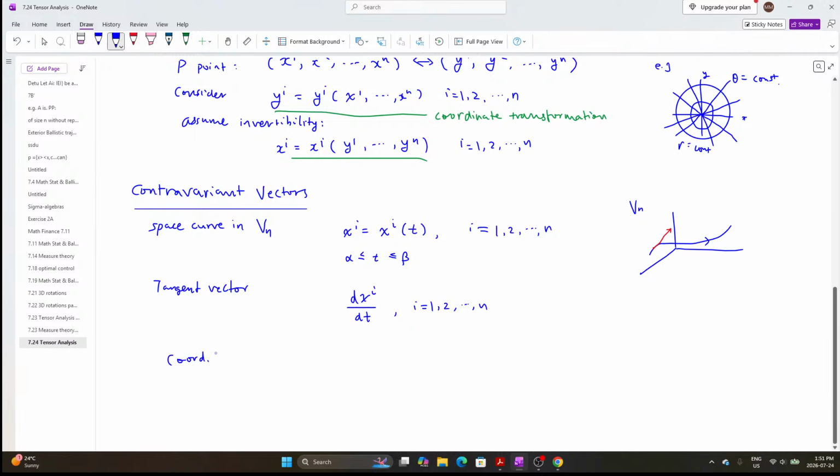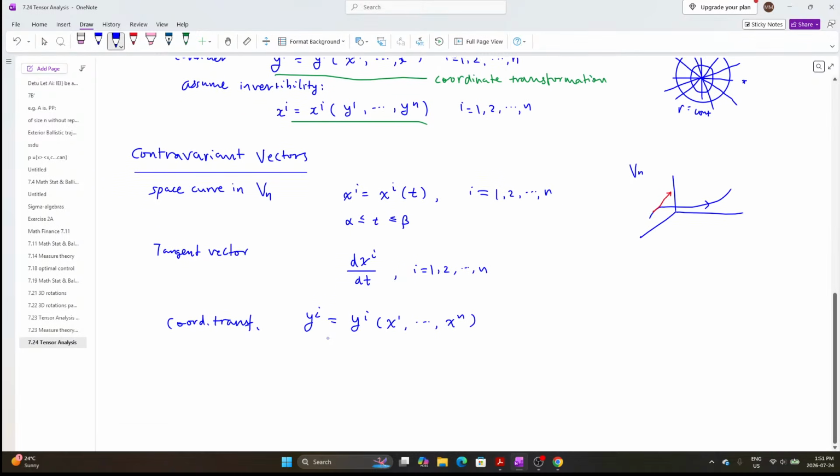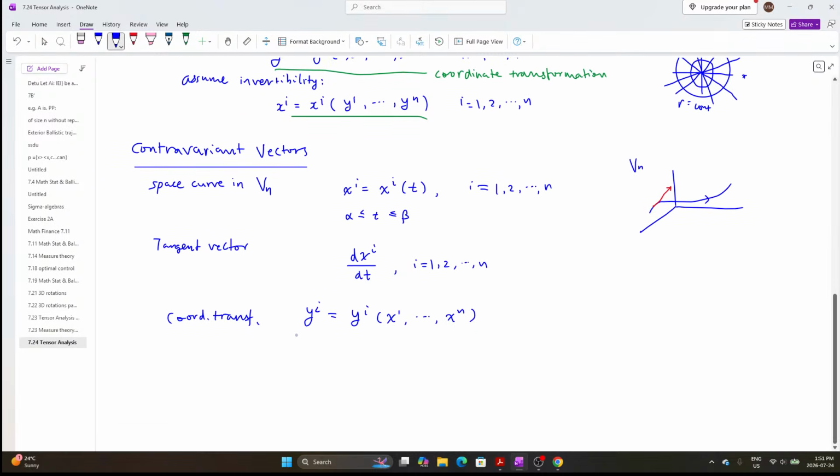Now introduce the coordinate transformation: yi as a function of all the xi. So y is a function of x1 all the way to xn. Right? And then we can substitute all the xi's into this transformation.